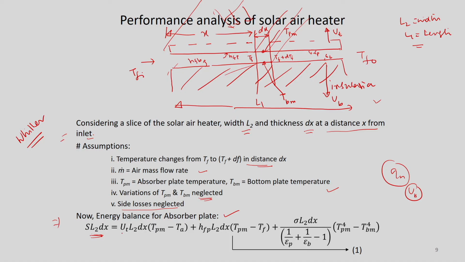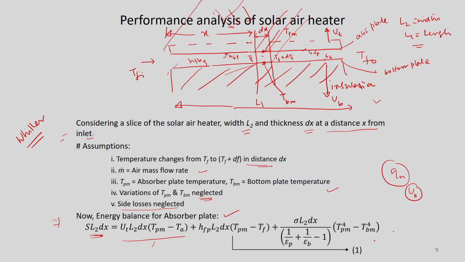the amount of solar radiation received at that section. So, this is equal to some losses, top losses, and then heat exchange between this plate and the fluid, okay, and then heat exchange between this plate. This is the absorber plate, you already know, and then this is the bottom plate, okay.